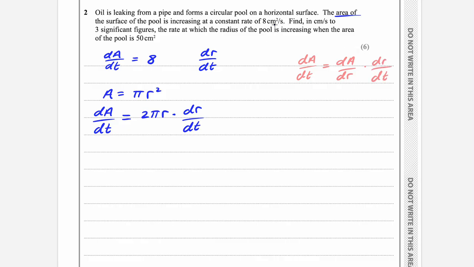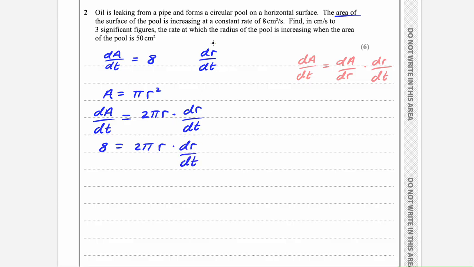Okay, so now I can figure a few things out. I know dA/dt is 8. So 8 equals 2 pi r times dr/dt.